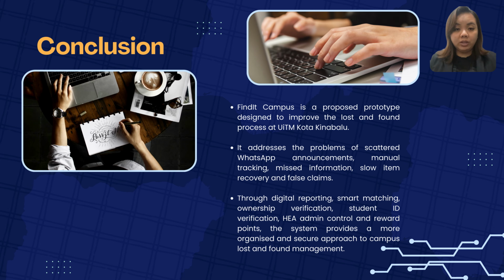Through digital reporting, smart matching, ownership verification, student ID verification, HEA admin control, and reward points, the system provides a more organized and secure approach to campus lost and found management. The main value of Find It Campus is that it supports both students and HEA. Students gain a clearer way to report and track lost items, while HEA gains a more organized way to manage records, review claims, and return items safely.